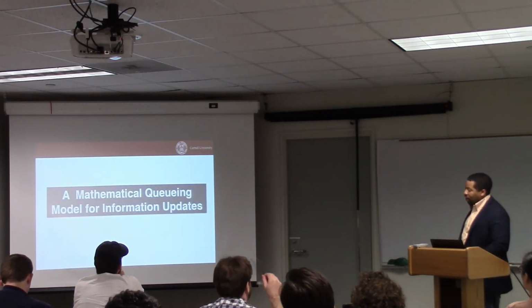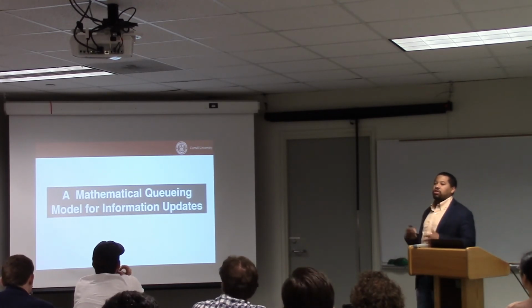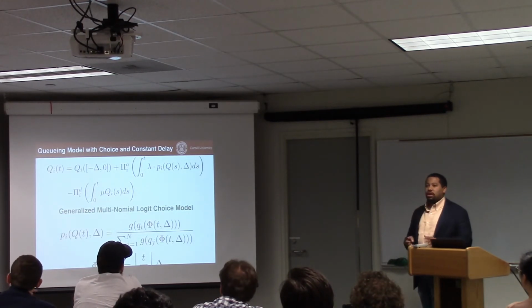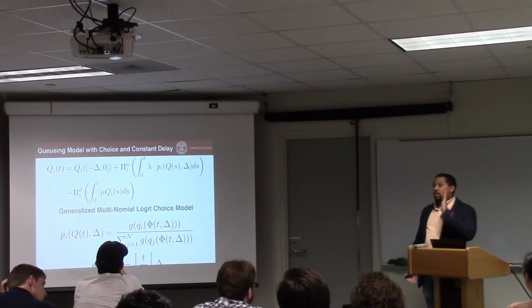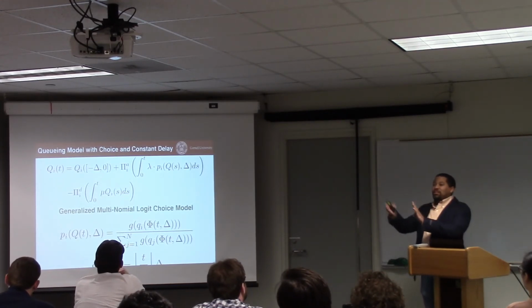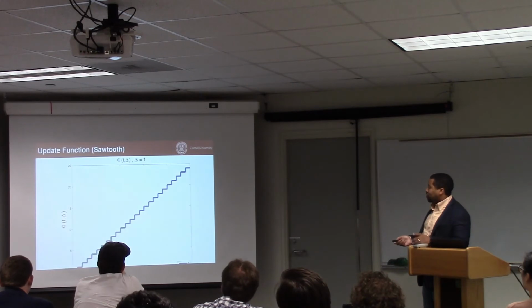In a model that is slightly different from the other two, a system might use an update. So instead of looking at a fixed time in the past, you now have an update to a system, some time passes, it updates again, and time passes. You can model this with a function called a sawtooth function.